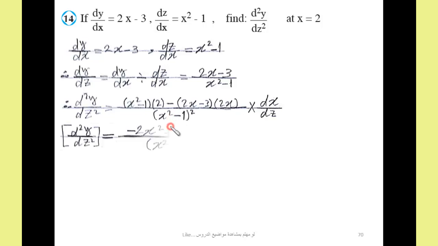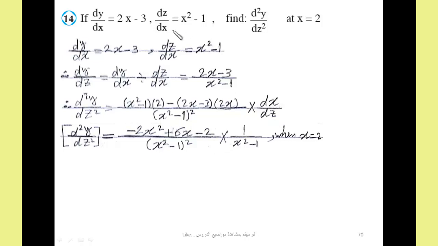Now we simplify. So the simplest form of the numerator is (-2x² + 6x - 2)/(x² - 1)² multiplied by dx/dz.